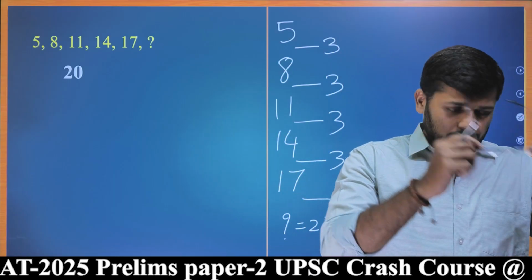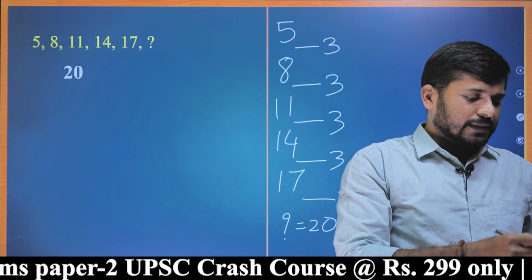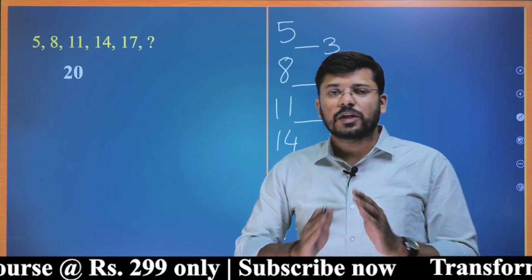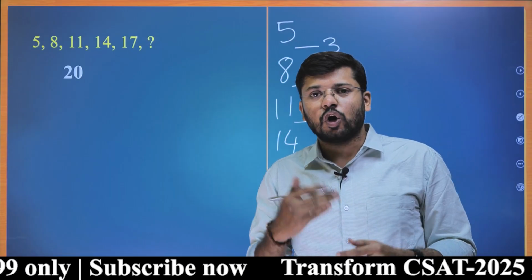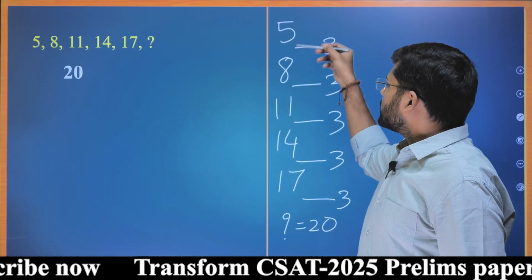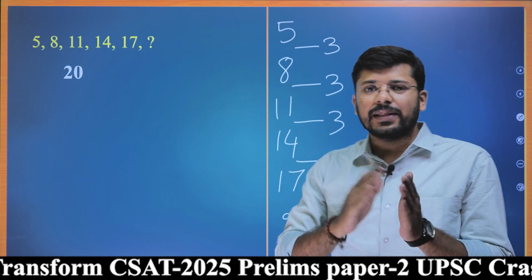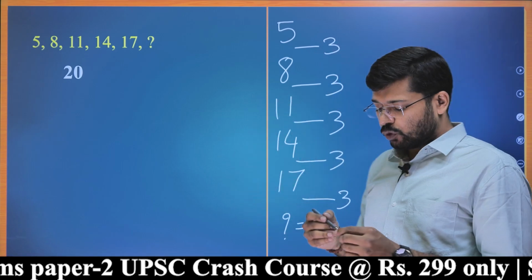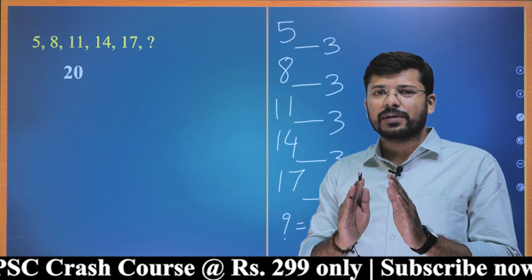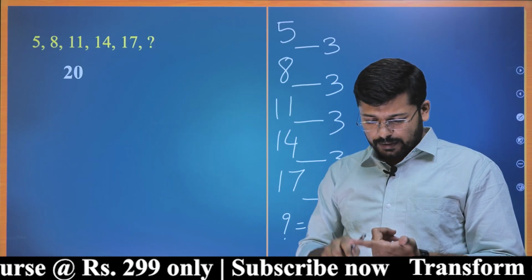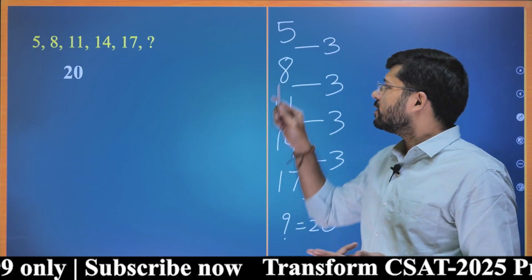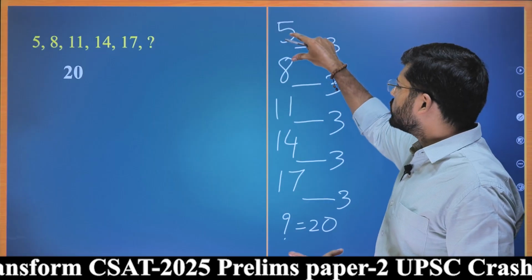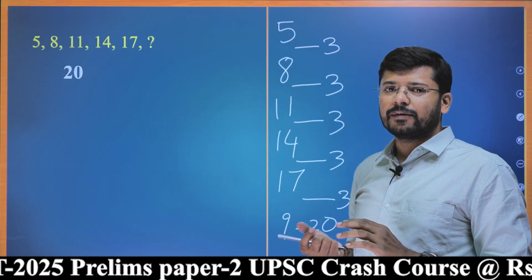So the numbers in the series might follow the pattern of the things that we memorized, squares, cubes, factorials and prime numbers, or they may follow some difference between them. Sometimes it will be difference, or sometimes it will be some ratio. So you will remember this: they will follow either some difference or some ratio. That is, there will be a ratio between the consecutive terms which follows some pattern.